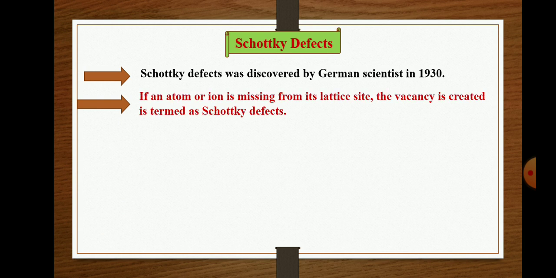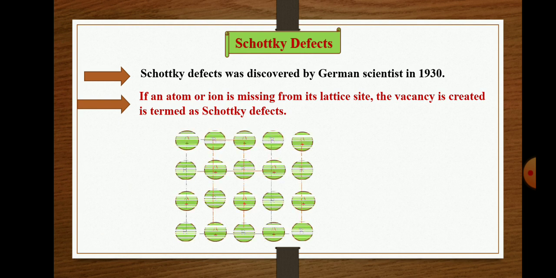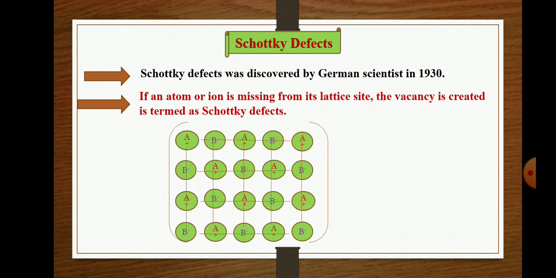Simply, if an atom or ion is missing from its lattice site and a vacancy is created, then it is termed a Schottky defect. Now students, see the picture.